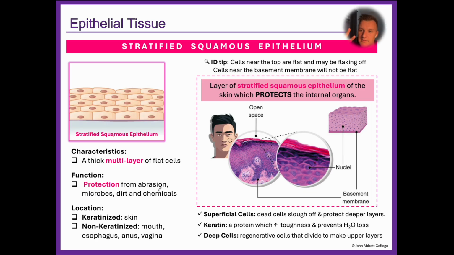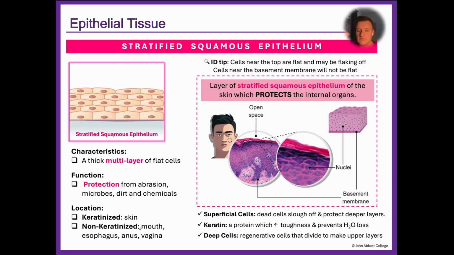You have two types of these epithelium. Some are keratinized. They have a keratin layer on top, which, we're gonna see, is this tough layer, and it actually helps us prevent water loss. Or some are non-keratinized.